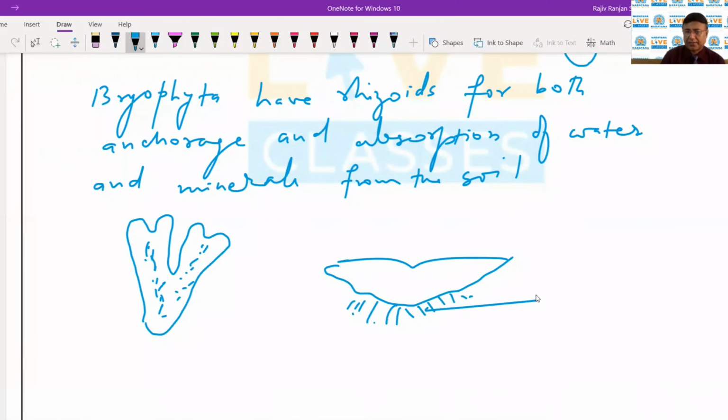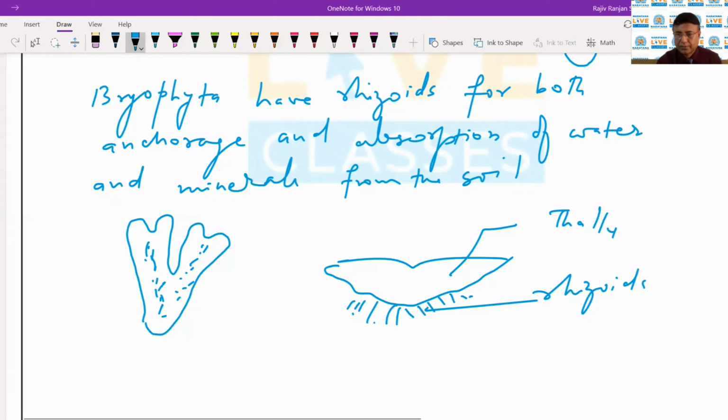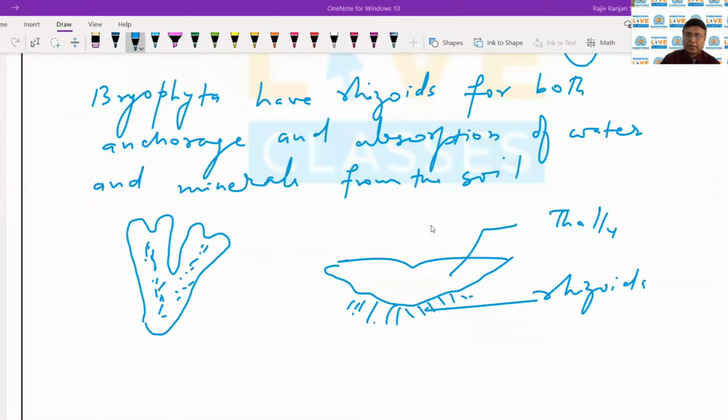So these are rhizoids, and it is the thallus. The thallus. So this is thallus. तो यहाँ पे rhizoids are there.